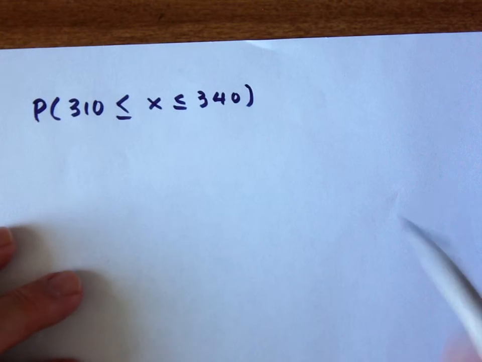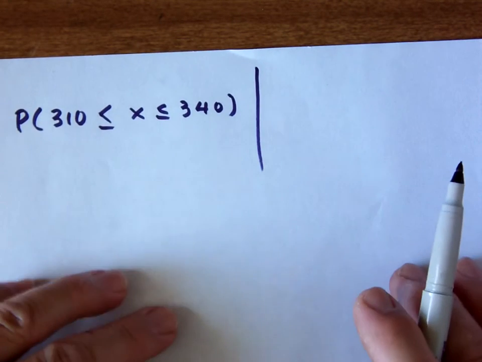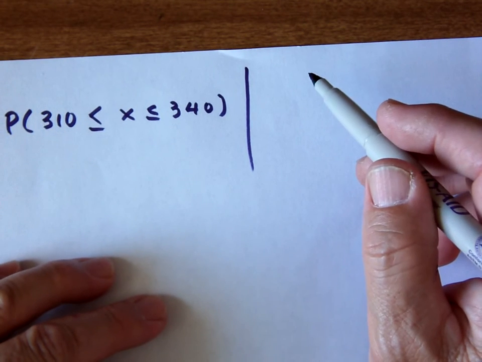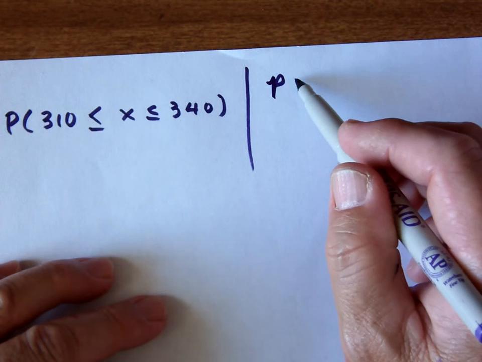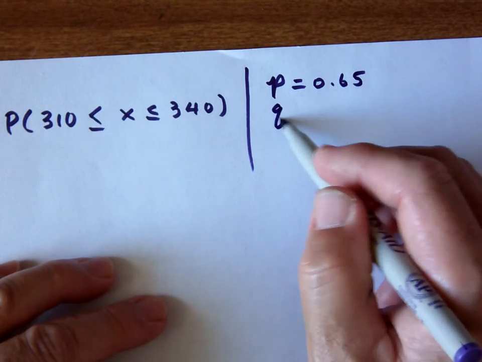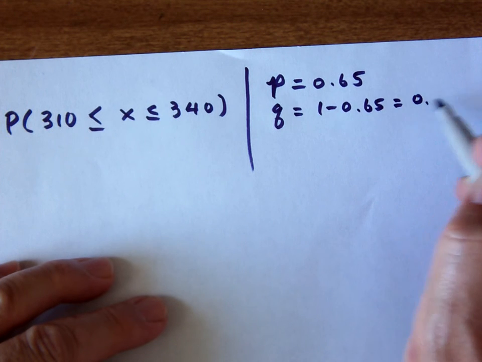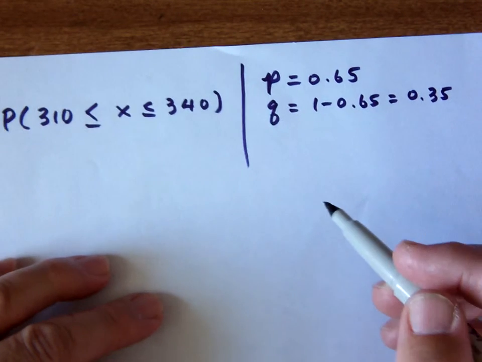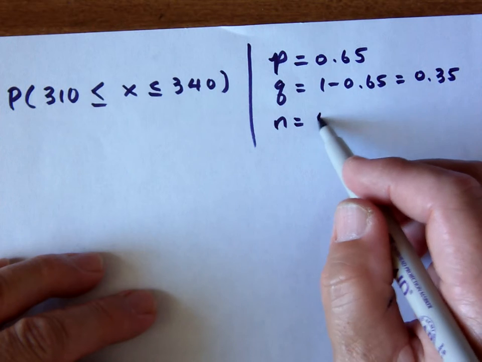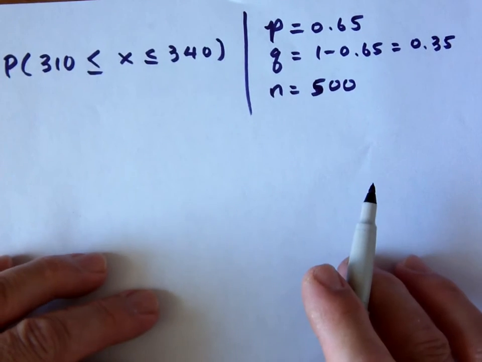Before we proceed, let's summarize some of the variables. Remember, 65% of the birds survive. That's our probability of success, the small p. That means q is automatically 0.35. And they banded 500 birds, so that's the number of trials, n.